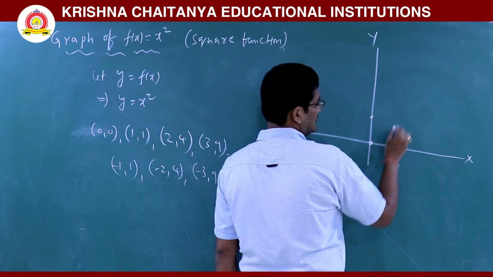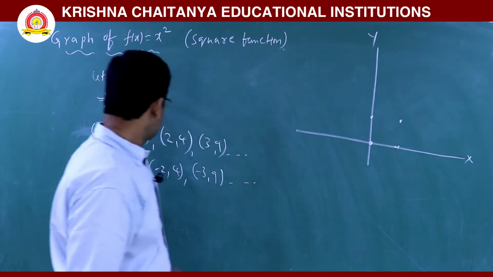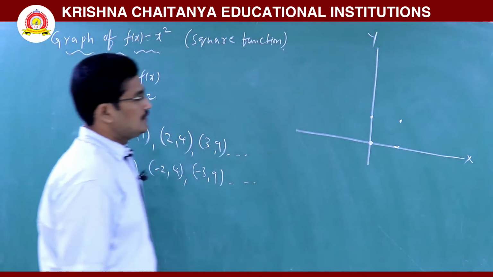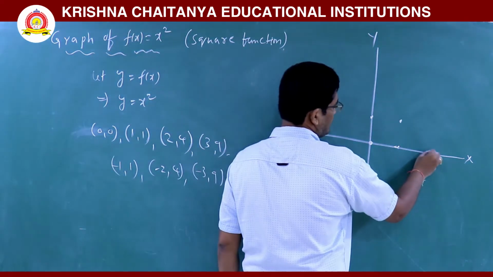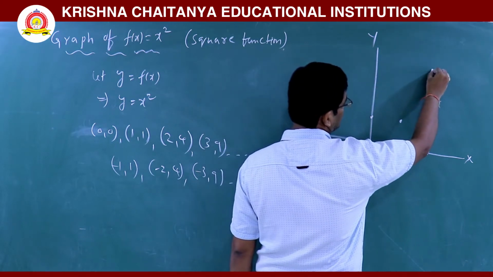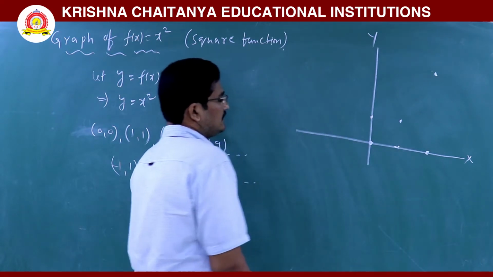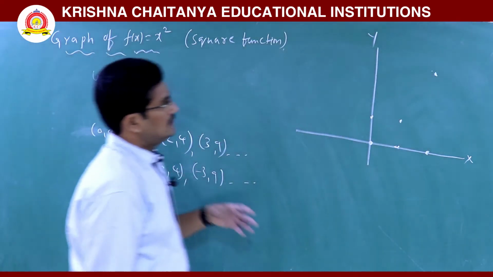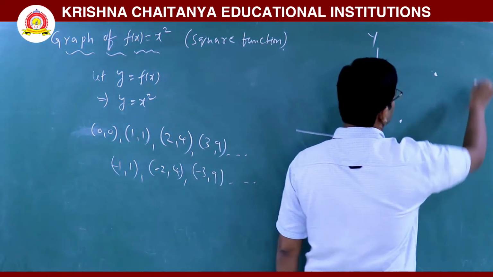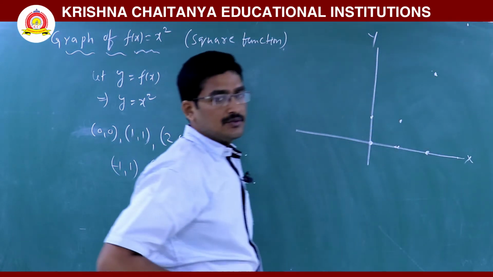It should be like this. Next, after (1, 1) comes (2, 4). This is 2, this is 4. Just a rough diagram. Then (3, 9). This is 3, and 9 should be like this.